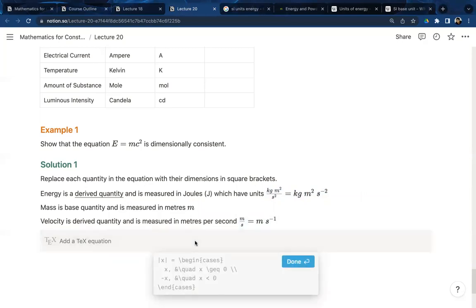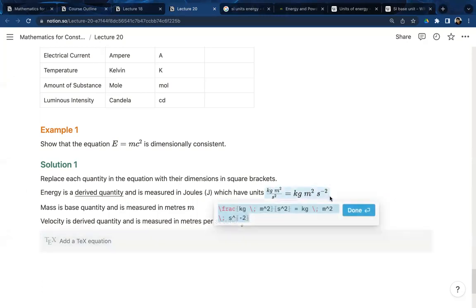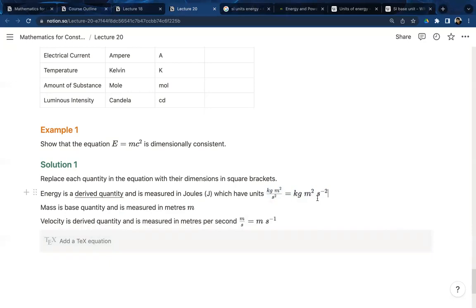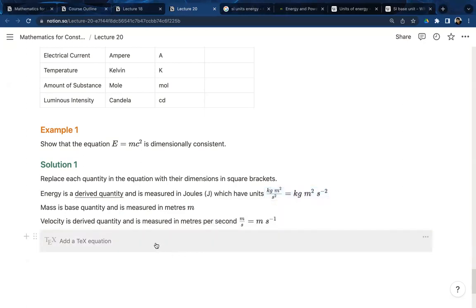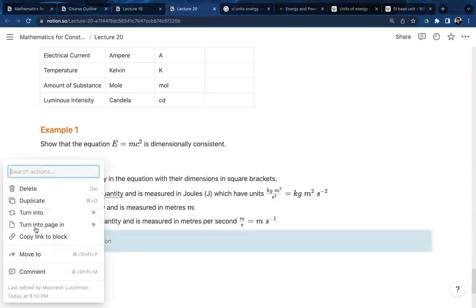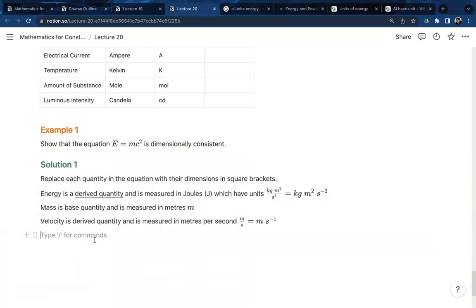For E, we're going to take this unit and convert it to dimensions. The right hand side has dimensions.